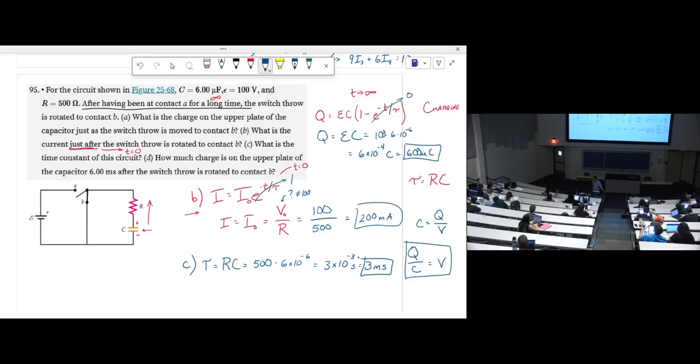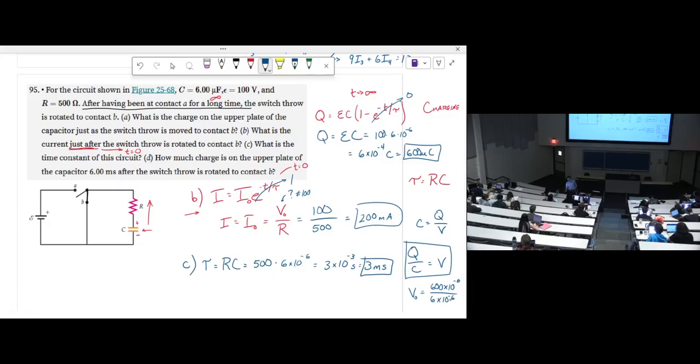Yes, in part B, irrespective of how long part A takes, whatever the charge was at the end of part A is going to be the initial charge at part B. And so we could calculate that the initial voltage across the capacitor in part B is going to be equal to the charge that we got in part A, so that's 600 times 10 to the minus 6 divided by the capacitance of 6 times 10 to the minus 6.